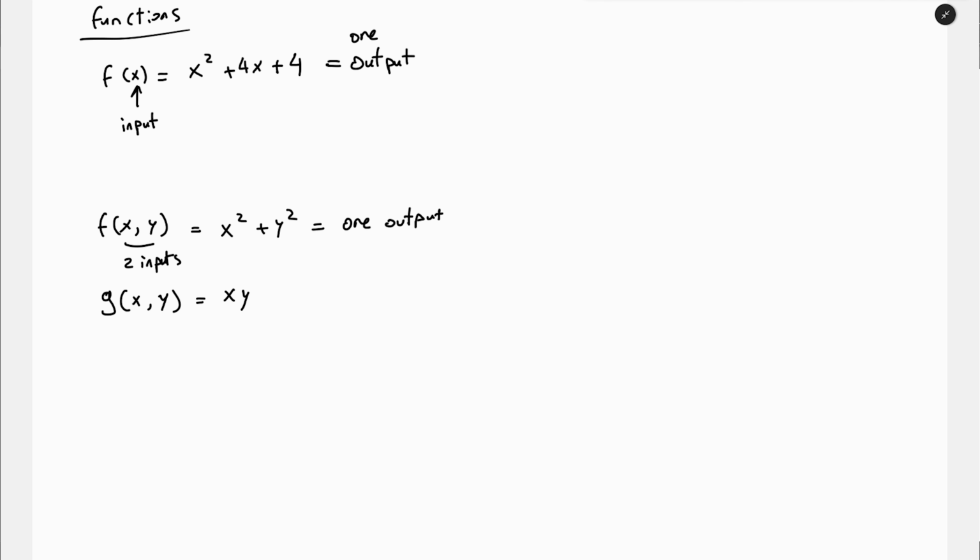So we have two variables, two inputs, and still one output. And moreover, we might have three variables. So now it's kind of 4D. This is 3D, this is 4D. I will get into this. Three inputs, one output.